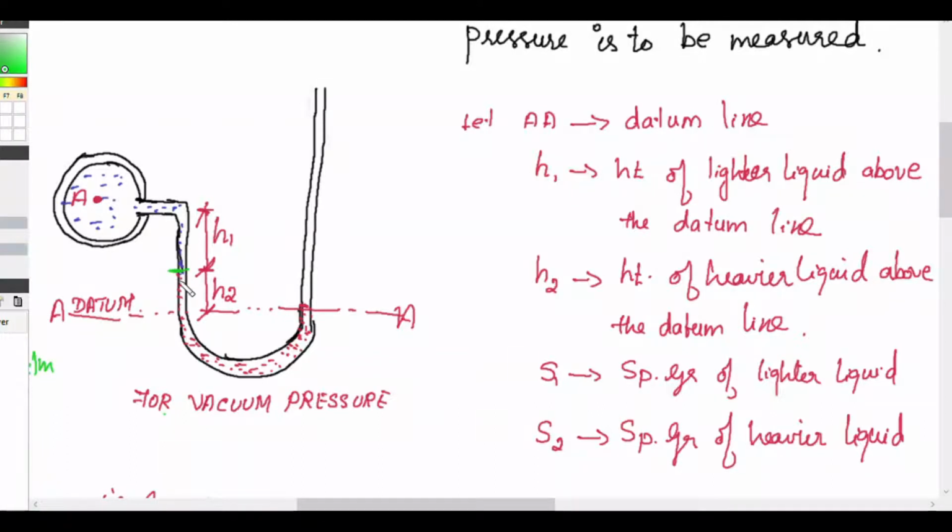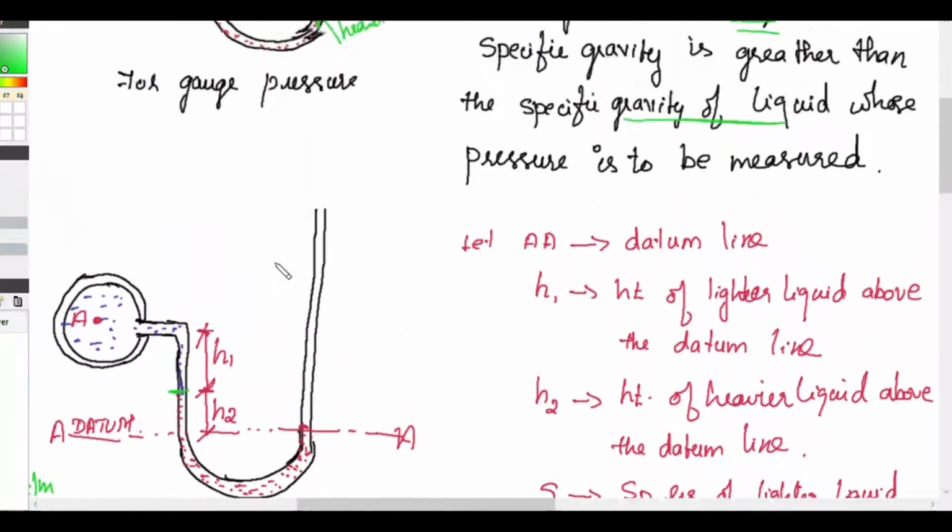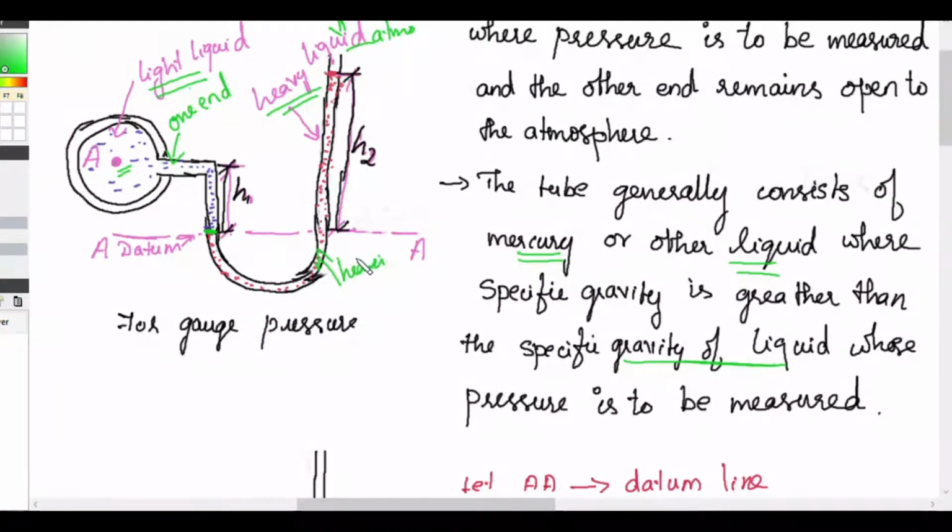In the first case, the datum line is also known as the reference line. The datum line or reference line is AA, and this height is called the datum head. The datum head or reference line should be chosen at the bottom separation.